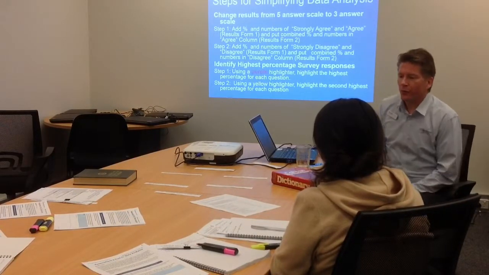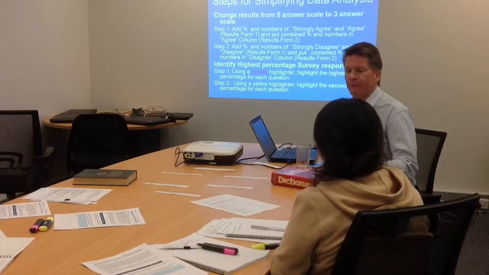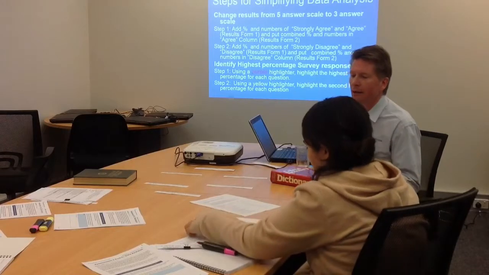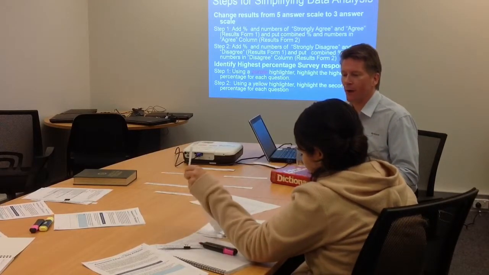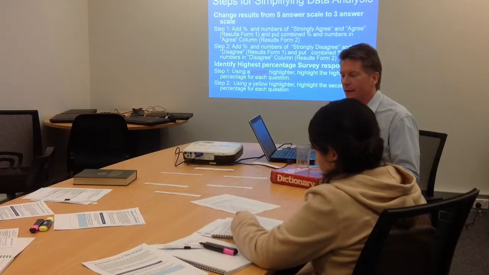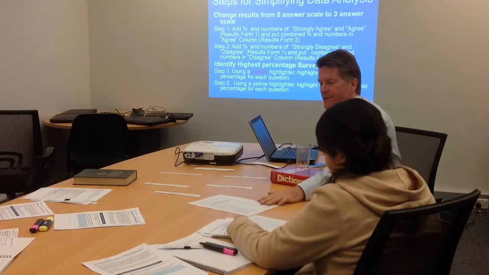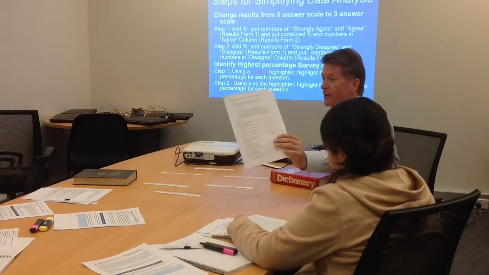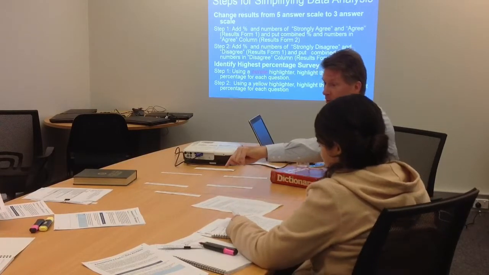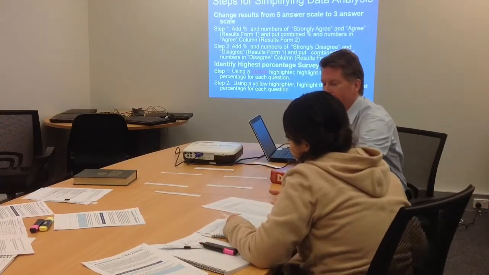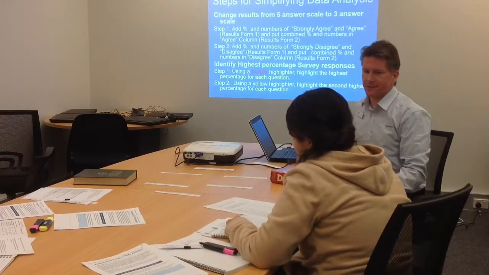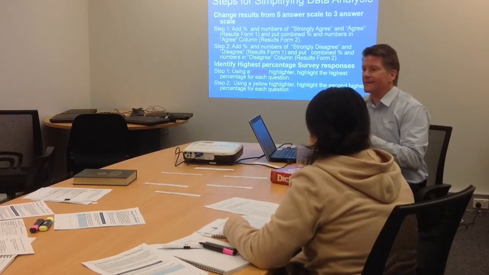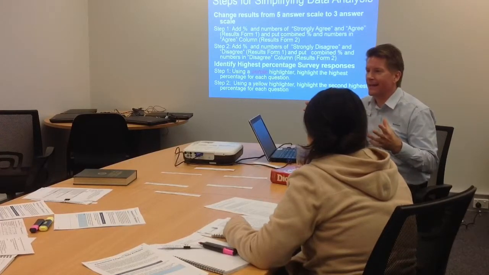If you go to your results form number 1, okay, and also utilize this page here, so grab that page as well. You got it? Okay. So there's 2 steps to this. The first step is that in this assessment, you're going to be analyzing data.